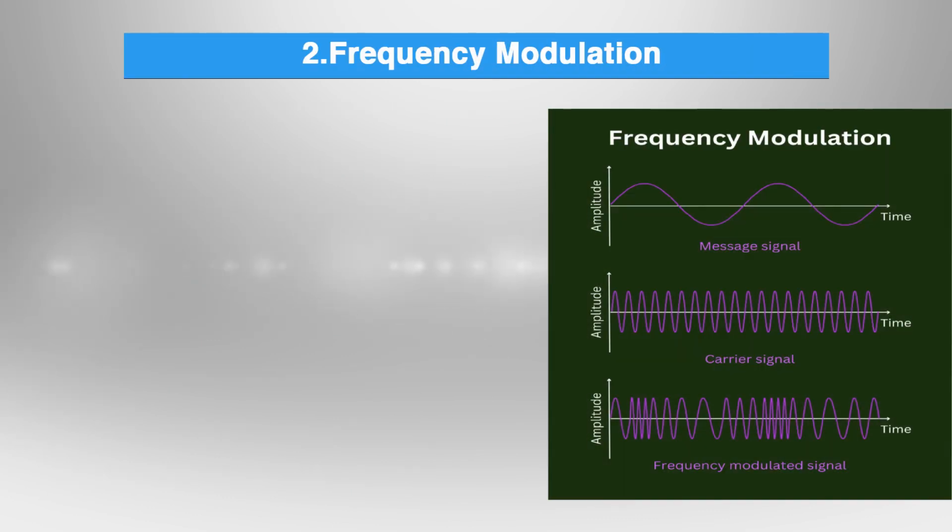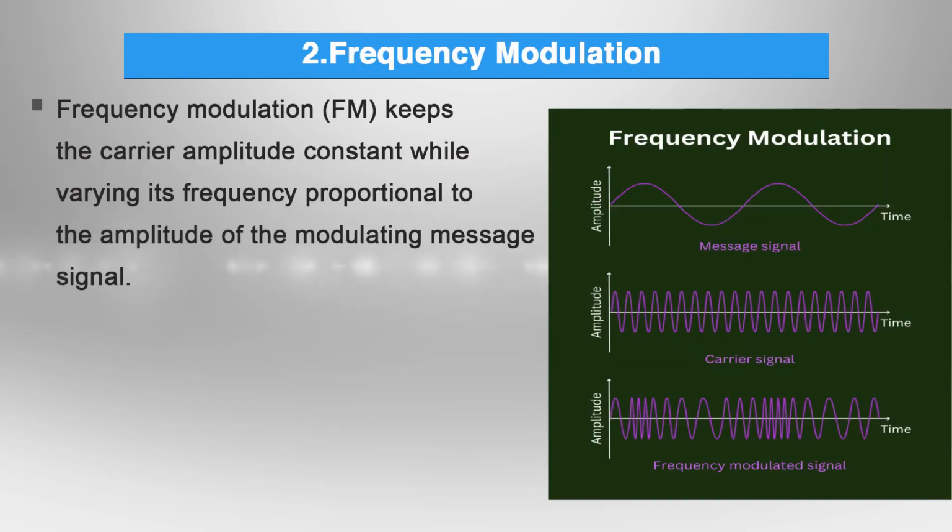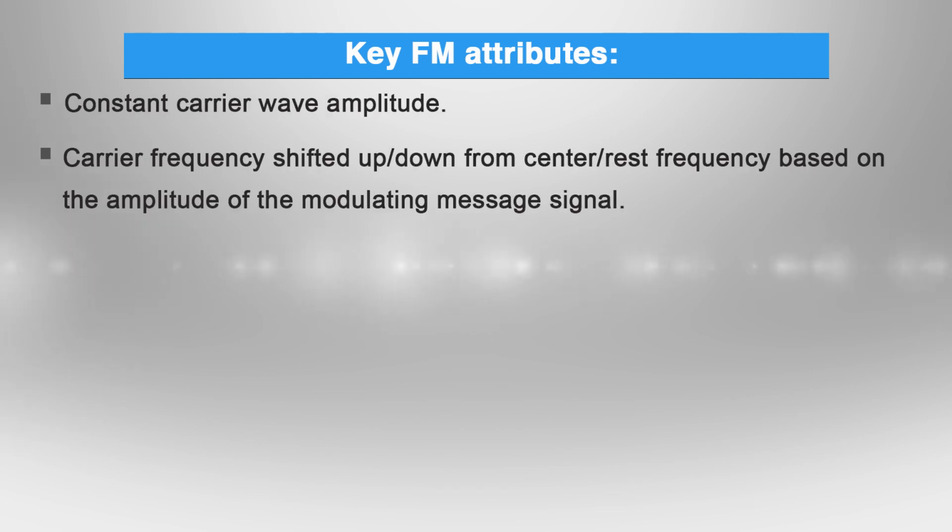Next is frequency modulation. Frequency modulation keeps the carrier amplitude constant while varying its frequency proportional to the amplitude of the modulating message signal. Some key frequency modulation attributes are: it has constant carrier wave amplitude, also carrier frequency shifted up or down from center or rest frequency based on the amplitude of the modulating message signal.